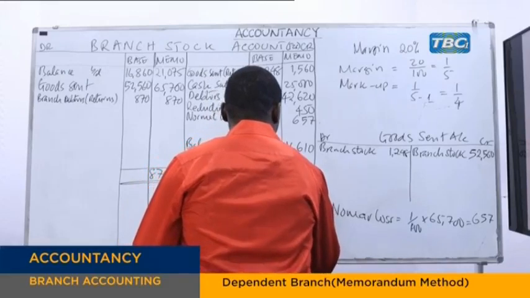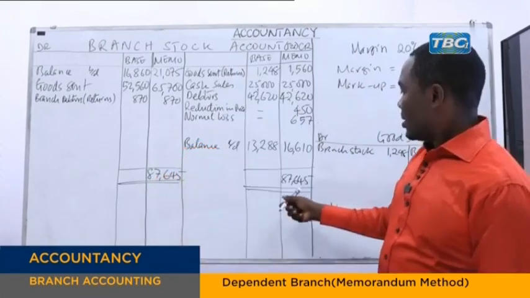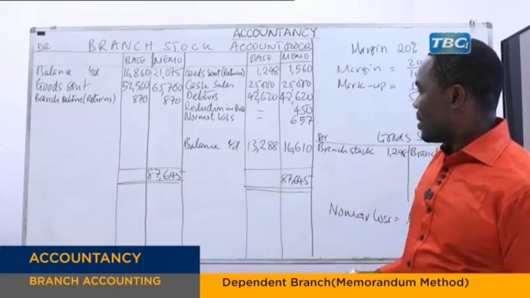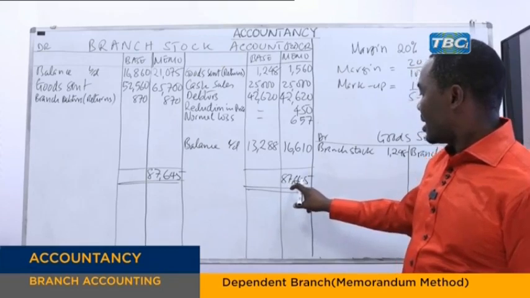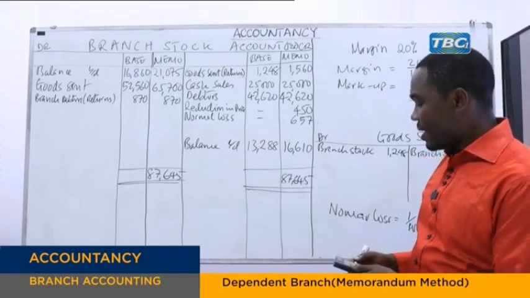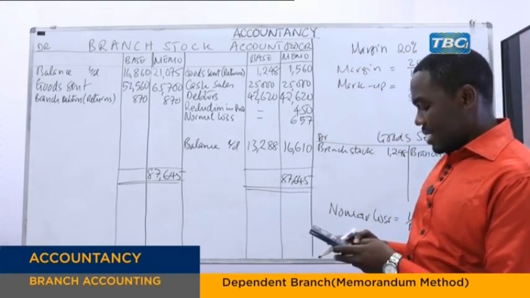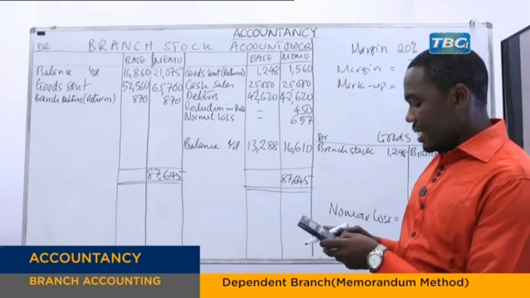Let us put our balance here. So we have got our total 87,645. Let us now deduct the credit side.